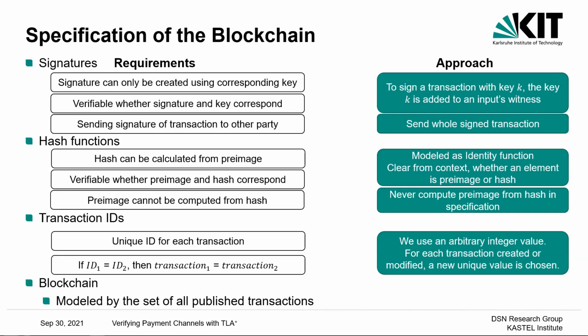In our specification, we use an arbitrary integer value as an ID for each transaction, and the specification assigns a new ID to a transaction if any part of the transaction is modified, so that each transaction in the specification gets a new unique value.